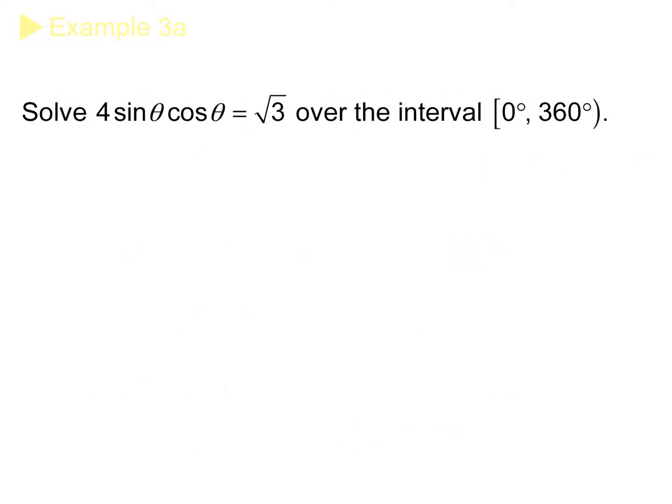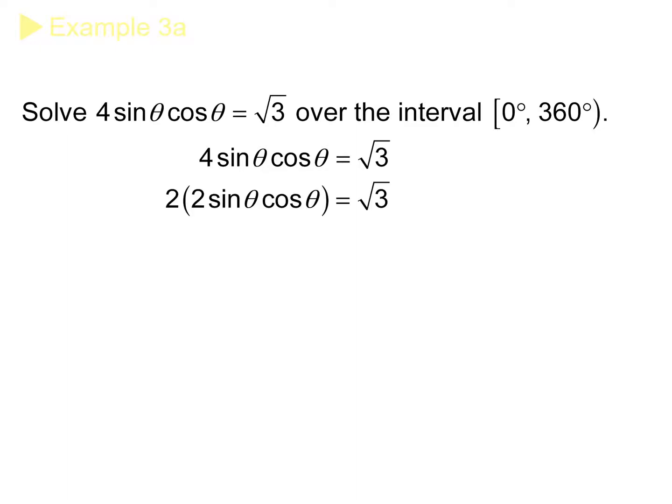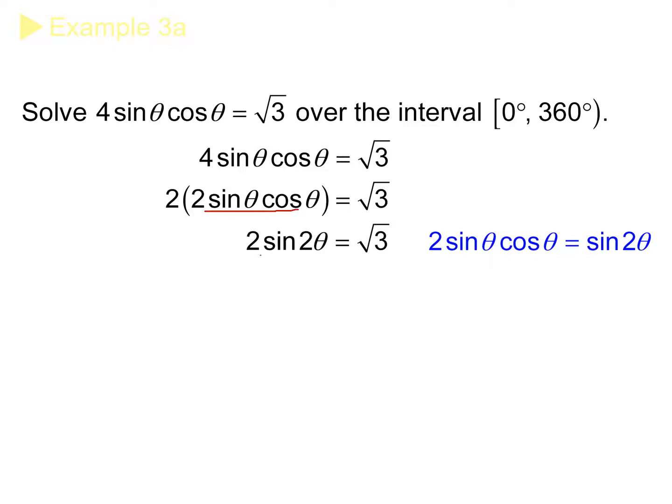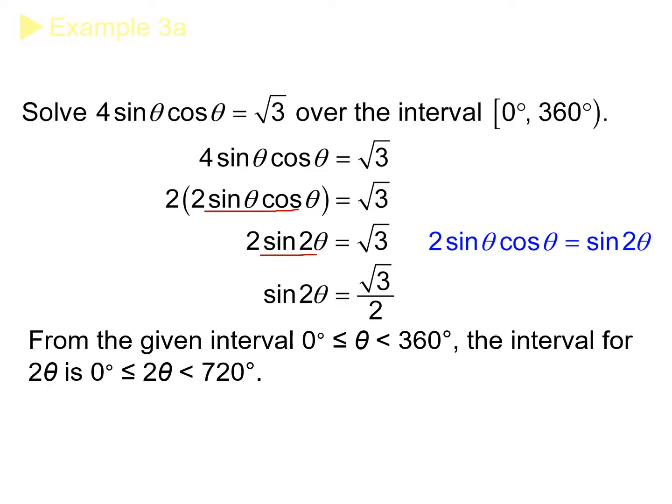Suppose I want to solve 4 sine theta cosine theta is equal to root 3 over 0 to 360. Well, I can factor a 2 out, and I see that this becomes a sine of 2 theta. So now I can solve this for sine of 2 theta is the square root of 3 over 2.